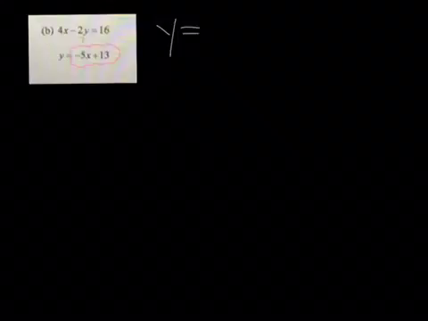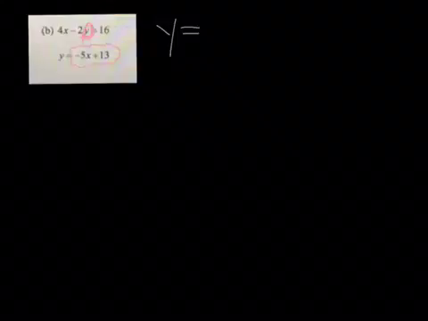So your cloud should be around negative 5x plus 13. Now draw an arrow to where you're going to put that in the other equation. And circle the letter. So you're drawing an arrow to y and circling it. That's where it's going to go.